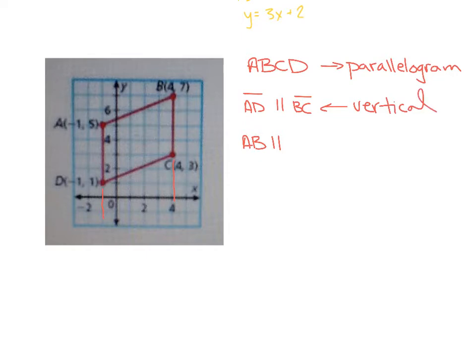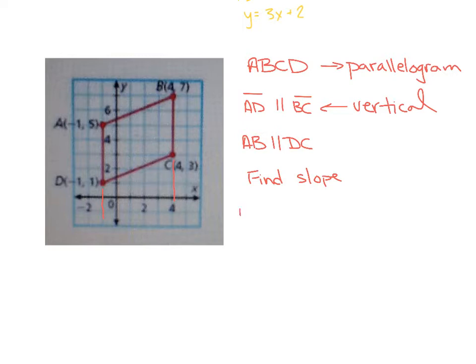That's the reason for that. Now we can say AB is parallel to DC, and the way we do that is we have to find the slope. So if we find the slope of both of those lines and they are equal, then they're parallel.